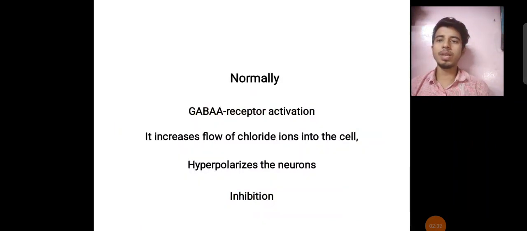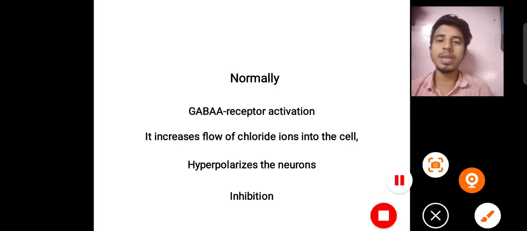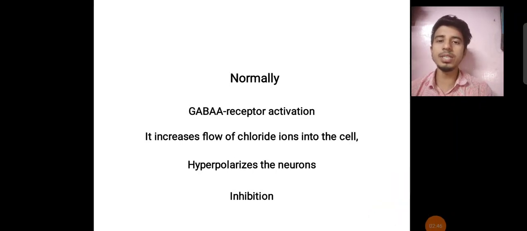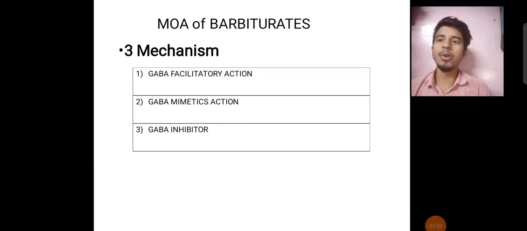What normally happens? Normally the GABA receptor activates and increases the inflow of chloride into the cell, and hyperpolarization occurs and inhibits the action. Normally chloride is used for inhibition. Now let's see the mechanism of action of barbiturates. There are 3 mechanisms by which it works.